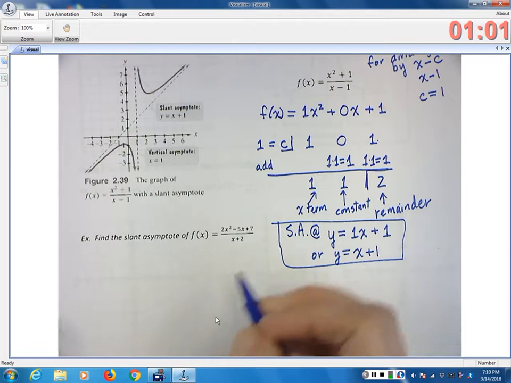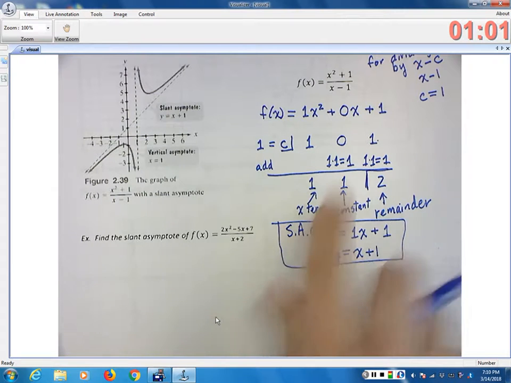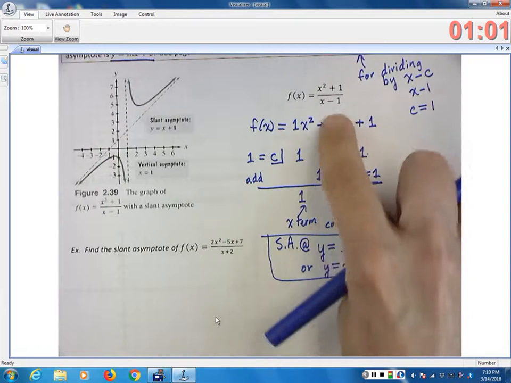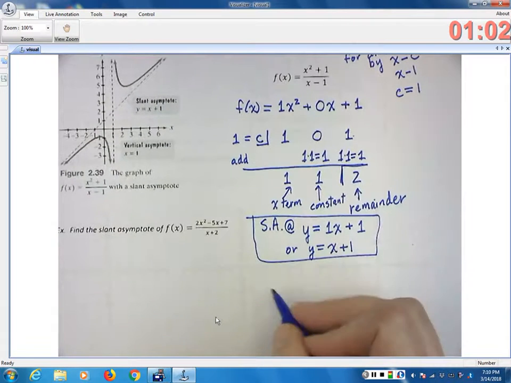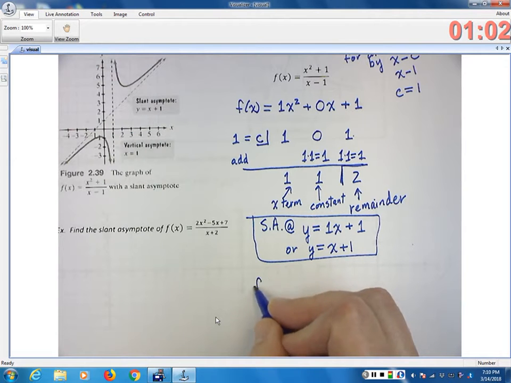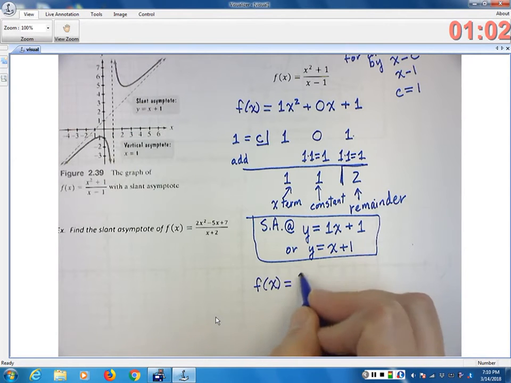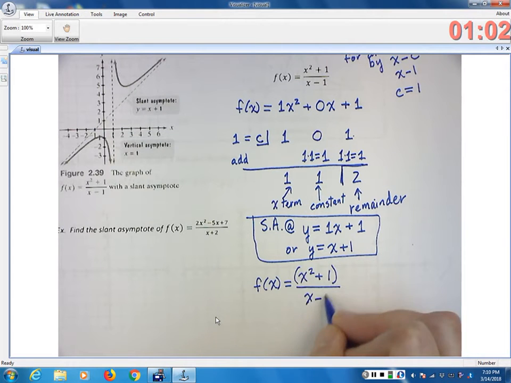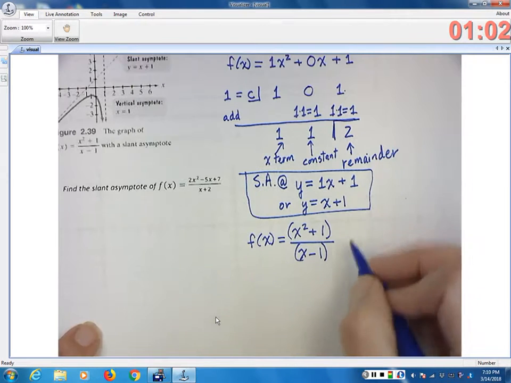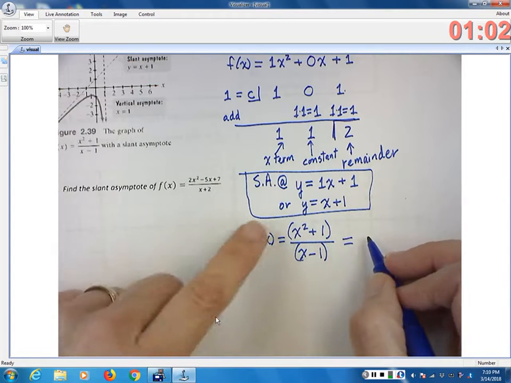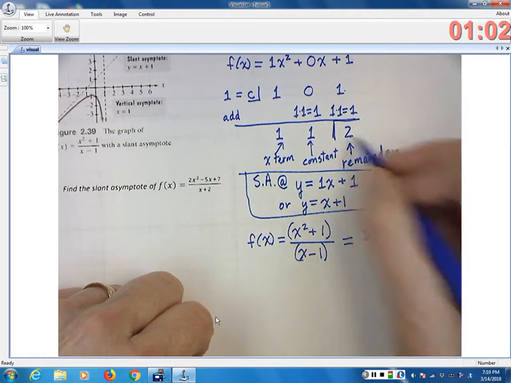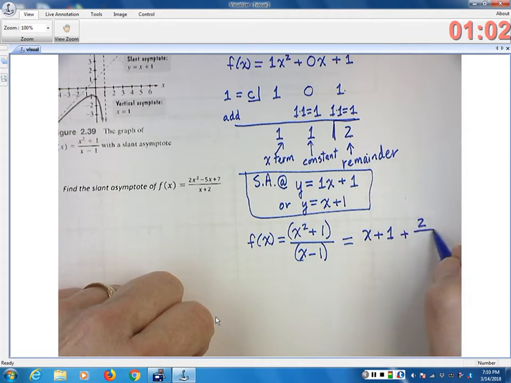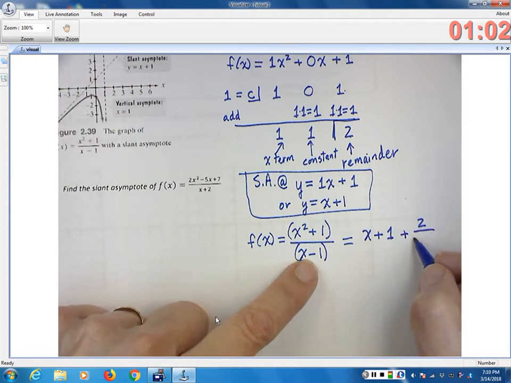So we are actually dividing these. Let me write out what this means. When we take f of x equals x squared plus 1 divided by x minus 1, we are actually getting that it equals x plus 1, and then we take the remainder and put it over the divisor, what we divided by.